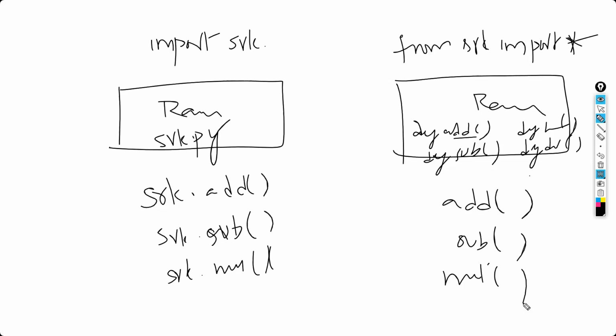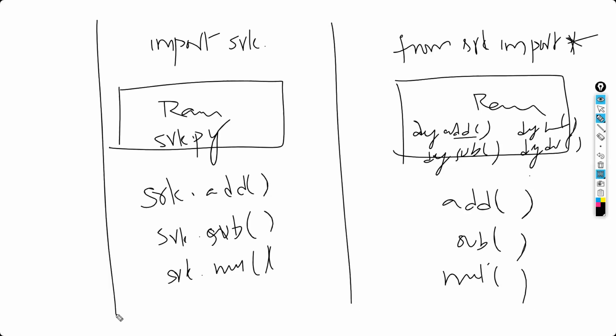Any questions? Now in both of them, what is the common point? If you take example number 3, that is math. This is srk, user defined, and math is inbuilt. Whether it is an inbuilt module or a user defined module, it consists of multiple functions.